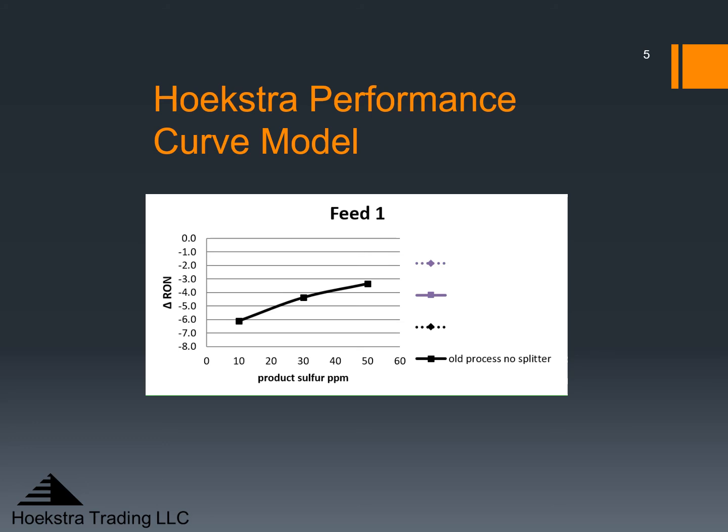In this model, two other factors can affect the performance curve. We start here with the standard performance curve for full range feed 1, and I will include also the curve for the new process with 40% improved selectivity. Now this first factor I will change represents additional octane loss that occurs at especially high reactor temperature.